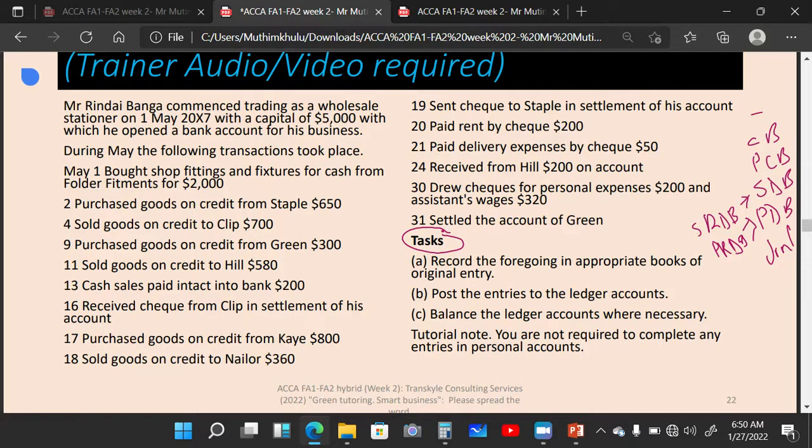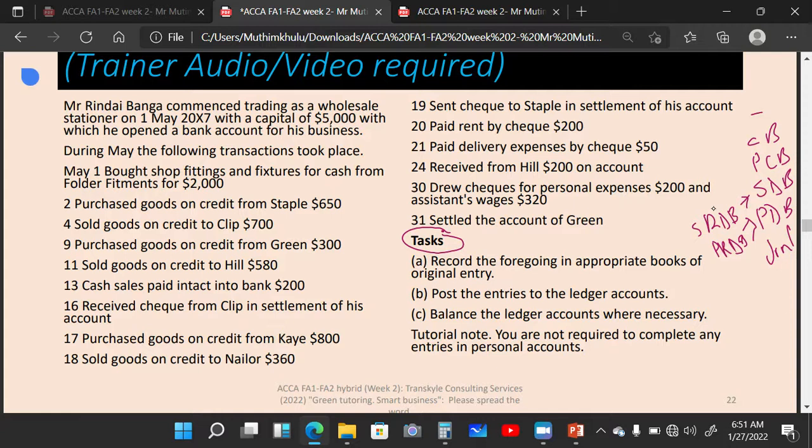Okay, so Mr. Rindai Banga commenced trading as a wholesale stationer on 1 May 2007 with a capital of $5,000, with which he opened a bank account for his business. During May, the following transactions took place. Those are the transactions which took place during the month of May.